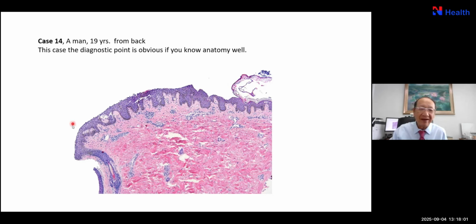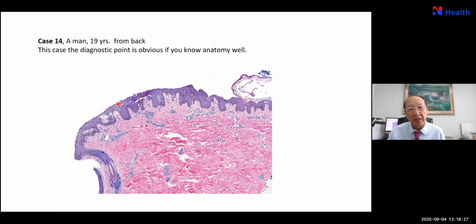It should be here, but it's not here. Some may think that it can be handled roughly and just rubbed off. No, it is not. The cornified layer is separated because the connection with the lower part is weakened by immunological reaction.